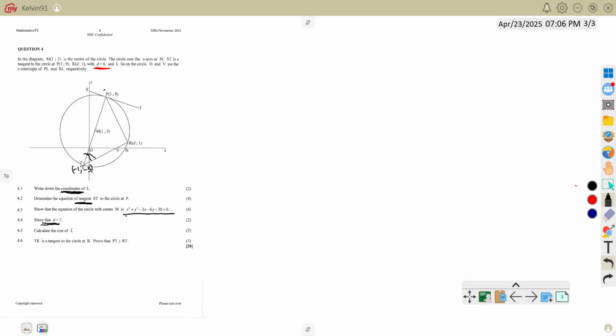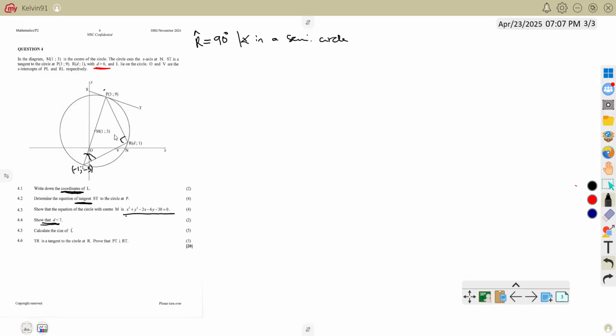This is a diameter PL, and we know a diameter subtends an angle of 90 degrees at the circumference. So here it's 90 degrees. So we can just say angle R is equal to 90 degrees. Why? That's an angle in a semicircle, or angle subtended by a diameter.